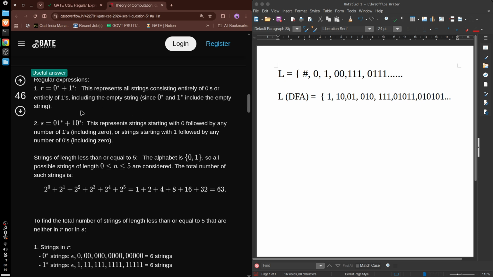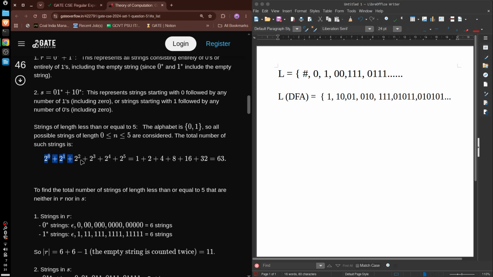Let's go into details. This represents all the strings over 0 1, or either it includes one string or the other. In simple words, they are saying make them like powers, right? So we have two strings, R and S. We will make it 2 power 0, 1, 3, 4, 5, and we will be getting 63, right?